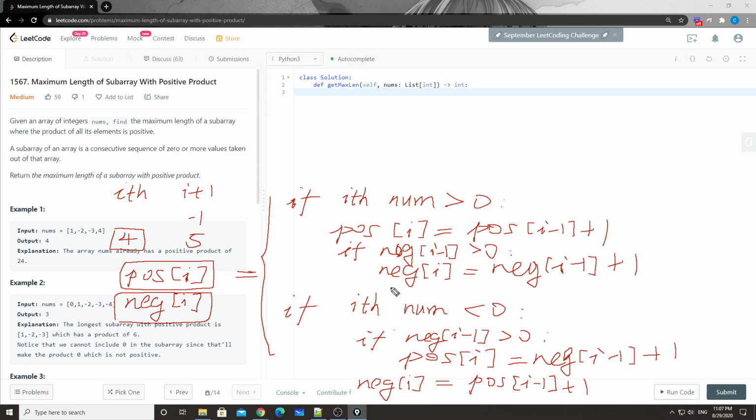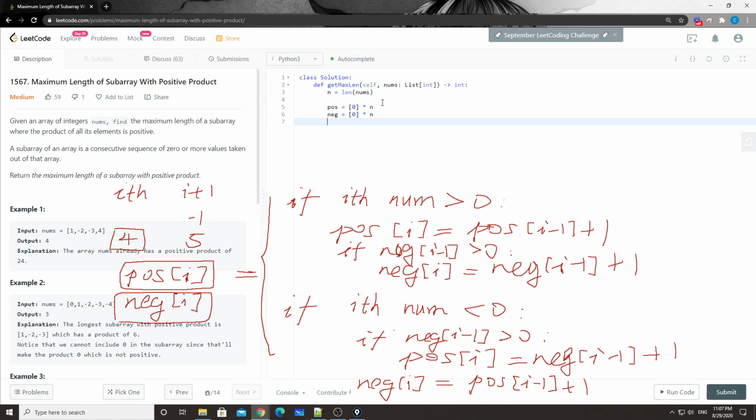It's a bit tricky and confusing, I agree on that. But with that, we can start coding here. We're going to have the length of nums, n. Then, like I said, we're going to have positive equals to 0 times n, and negative is also 0 times n.